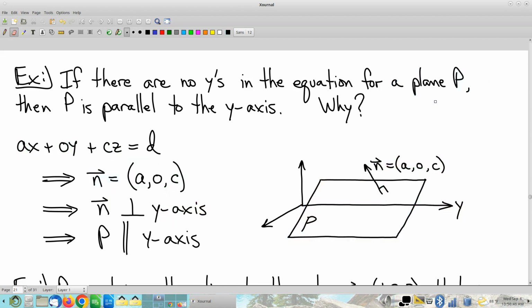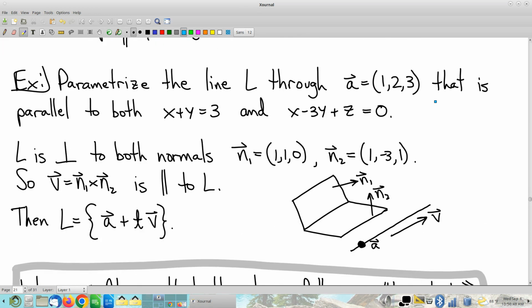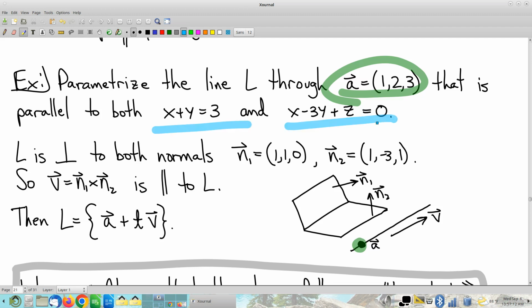All right. Okay, here's another puzzle. I want to parameterize a line where I am given certain bits of information. I am given this point A that the line needs to go through, and I also am given that the line I'm interested in has to be parallel to both of these planes, like so.